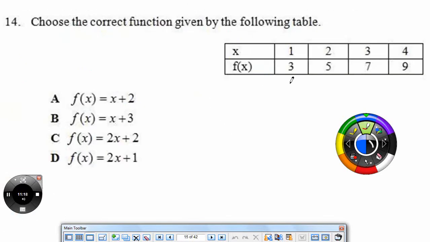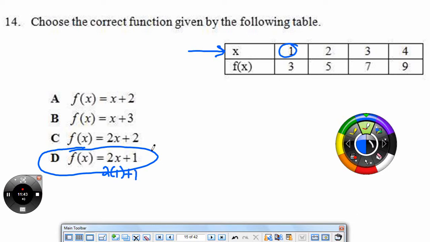14. On this one, I would take these x values and plug them into each of these functions to see which one it satisfies, which one works. So the one that I see works is D, because if you take a 1 and you plug it in, it would be 2 times 1 plus 1, and it actually equals this f of x, this y value.